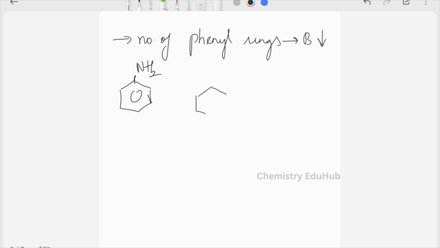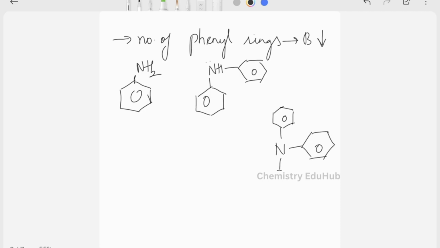Then we have two phenyl rings connected to nitrogen. Then there are three phenyl rings connected to nitrogen. So as the number of phenyl rings or benzene rings increases, the basicity will decrease. Obviously, this is the order.